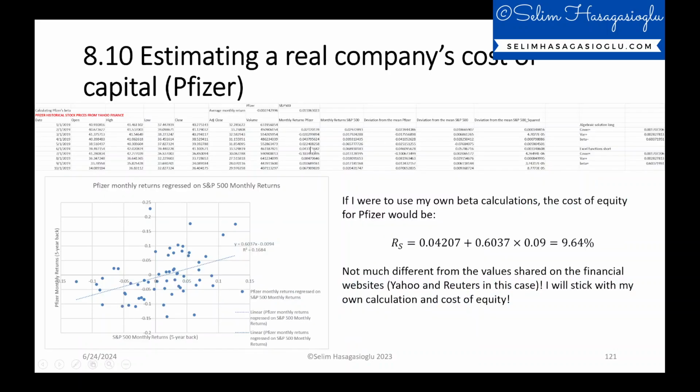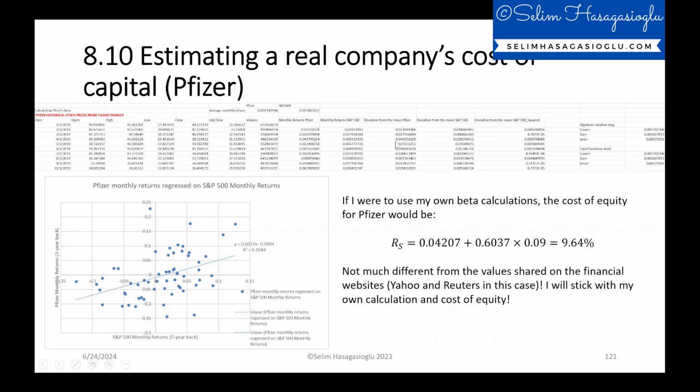So as we did before, remember, calculate monthly returns on Pfizer stock, monthly returns on the S&P 500, and deviations from the mean for Pfizer and deviations from the mean for the S&P 500. Of course, for the S&P 500 deviations from the mean, we will be squaring these values because we need the variance of the returns on the market portfolio. Again, you can follow the algebraic long solution.